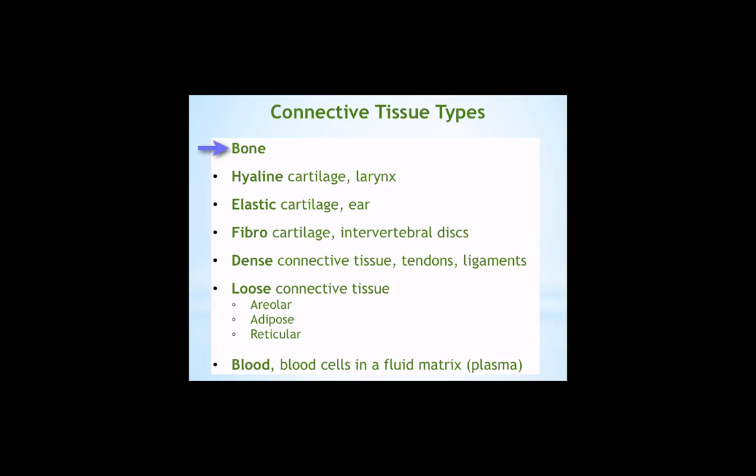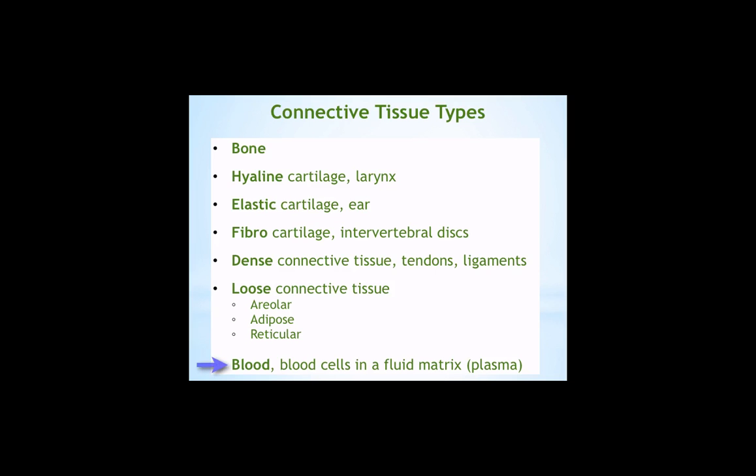So let's look at the different kinds. There's bone, hyaline cartilage, as in the larynx, elastic cartilage, as in the ear, fibrocartilage, as in the discs between the vertebrae, dense connective tissue in tendons and ligaments, loose connective tissue, and there are three kinds: areolar, adipose, and reticular.